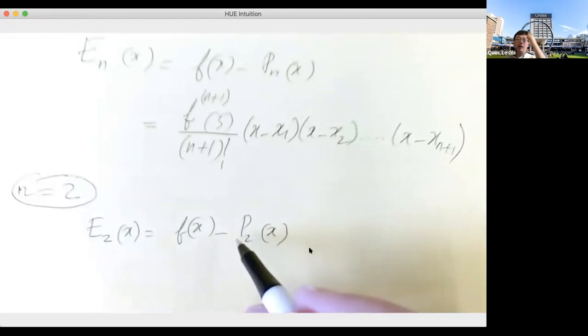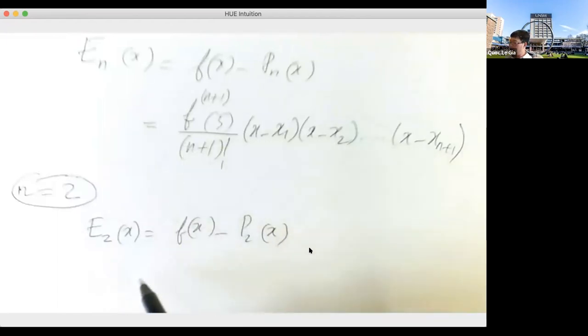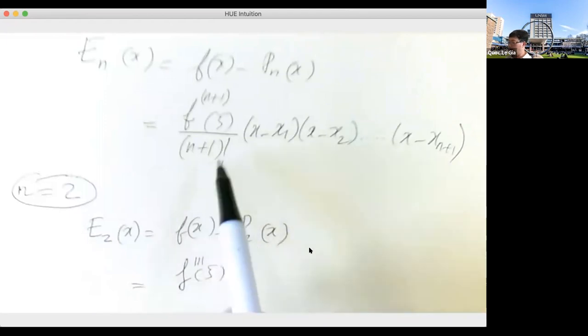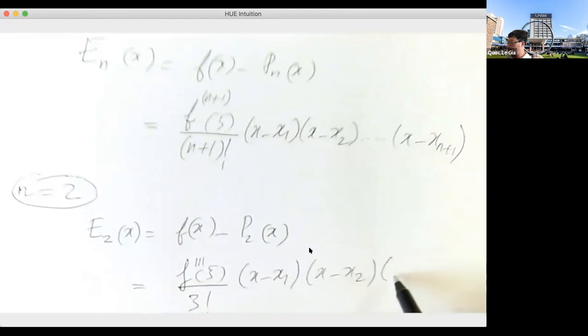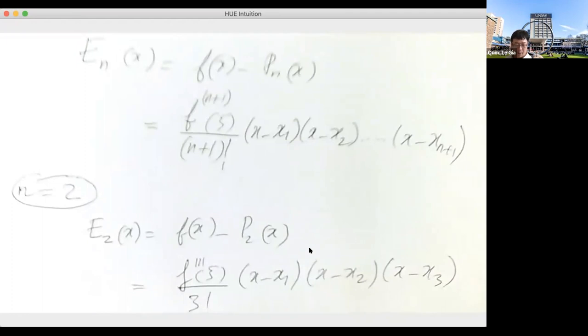Okay, and by the theorem, it's just some derivative of order 3 at some point. Okay, because remember n plus 1 here just equals 3, over 3 factorial, times x minus x1, x minus x2, x minus x3. Yeah. So remember we have 3 points.